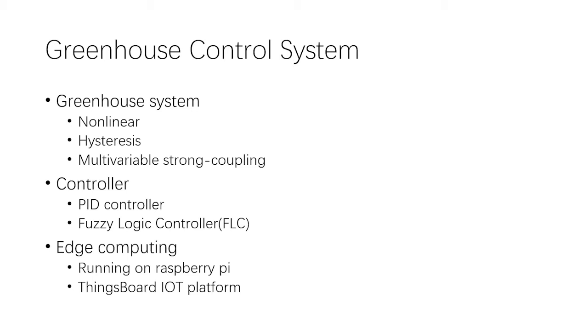And the Raspberry Pi will upload the data to the platform in real time. So it's very fast and it will implement edge computing in our system. So it can improve our network reliability and reduce the network delay.